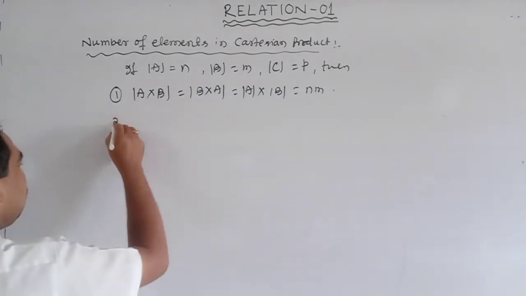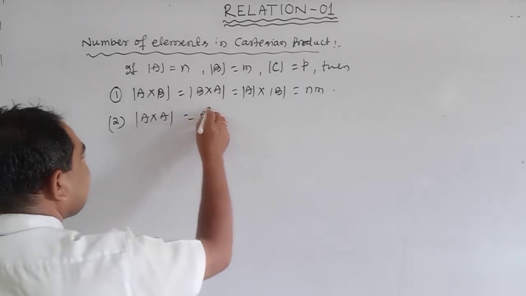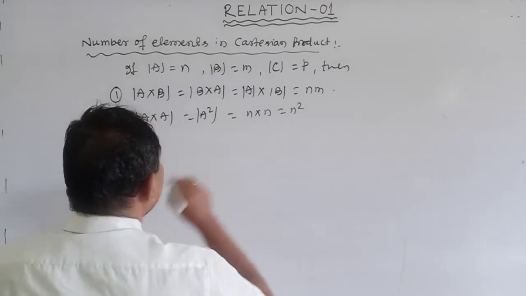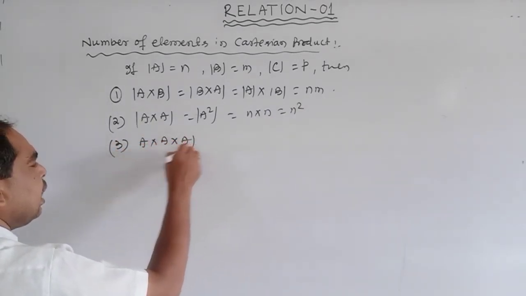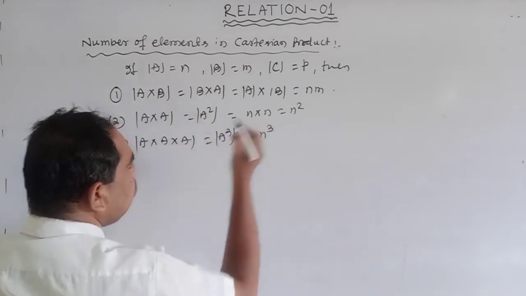Second, A into A is A square, mod is n into n, it means n square. Third, the number of elements in A cube is equal to n cube.